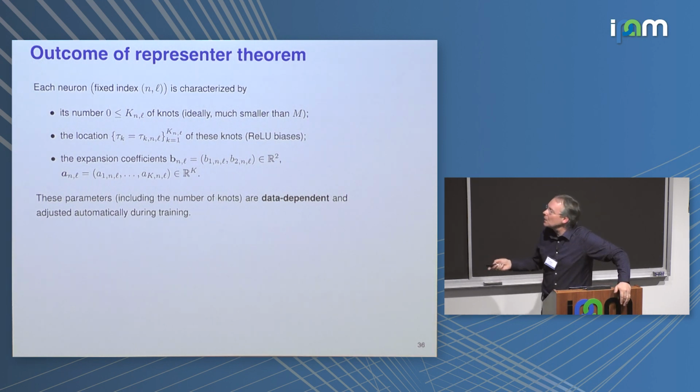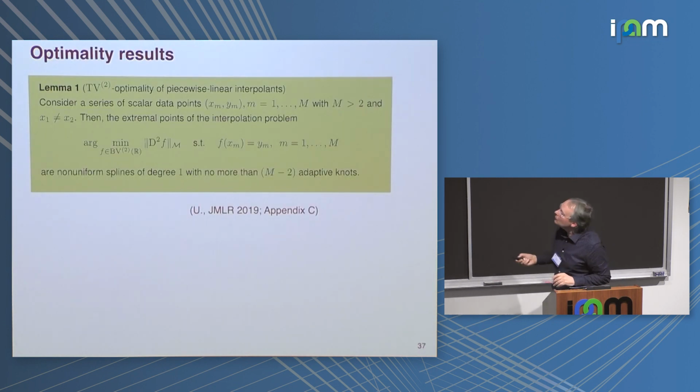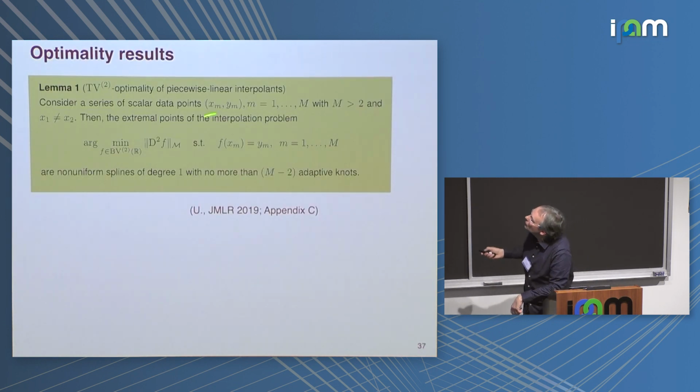But now all this becomes data dependent, and it links with L1 optimization techniques, because we're still minimizing the L1 norm for each neuron as a sum of those ReLUs. Optimality results, so how does it go?